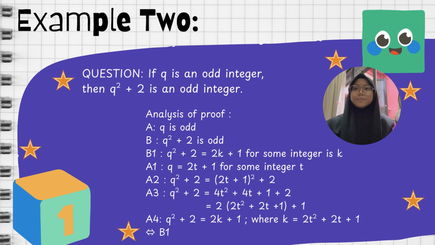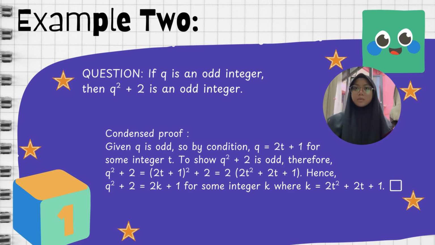A3, q squared plus 2 equals 4t squared plus 4t plus 1 plus 2, a simplification of A2. And then A4, q squared plus 2 equals 2k plus 1, where k equals 2t squared plus 2t plus 1, a simplification of A3.